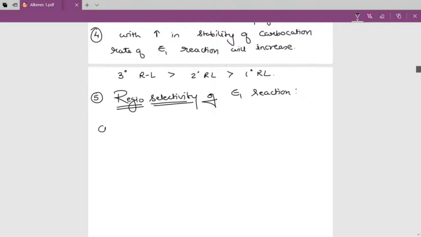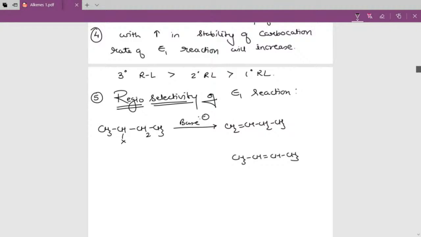Please pay attention that if in a particular E1 reaction, there is a possibility of formation of two positional isomers, and out of those two positional isomers, the reaction creates or generates any one particular isomer in dominance, either exclusively or in dominance, then we'll say the reaction is selective about a particular regioisomer, positional isomer, and the reaction is said to be regioselective.